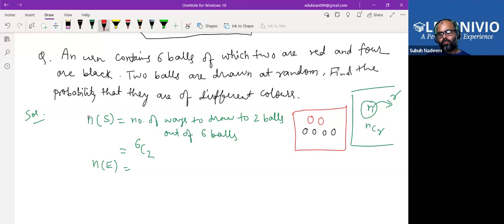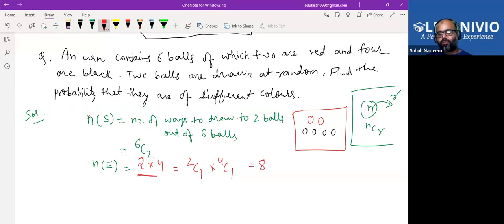Sir, for different colors, 4 by 6. If you want red, we can do 2 by 6. Yeah, you don't have to write the probability, you have to find the number of ways. So the number of ways is 2 into 4, because we are selecting 1 out of 2 and 1 out of 4. That will become 2 into 4, which will be 8.